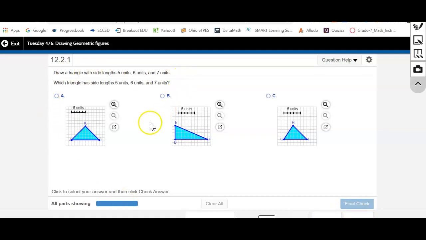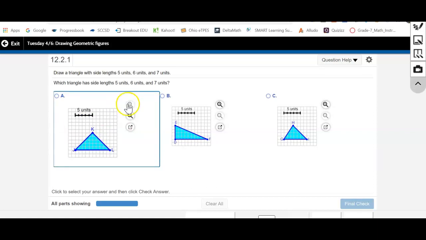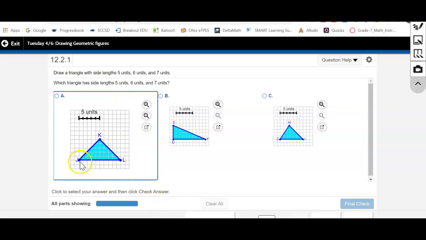So like on this one, you might have more than one triangle on these, 5, 6, 7 units. You're not going to be able to measure these on the diagonals. So what you have to do is just zoom in on each one and count the lines that are on your horizontal lines or your vertical gray lines. And this is 1, 2, 3, 4, 5, 6, 7, 8, 9, 10.